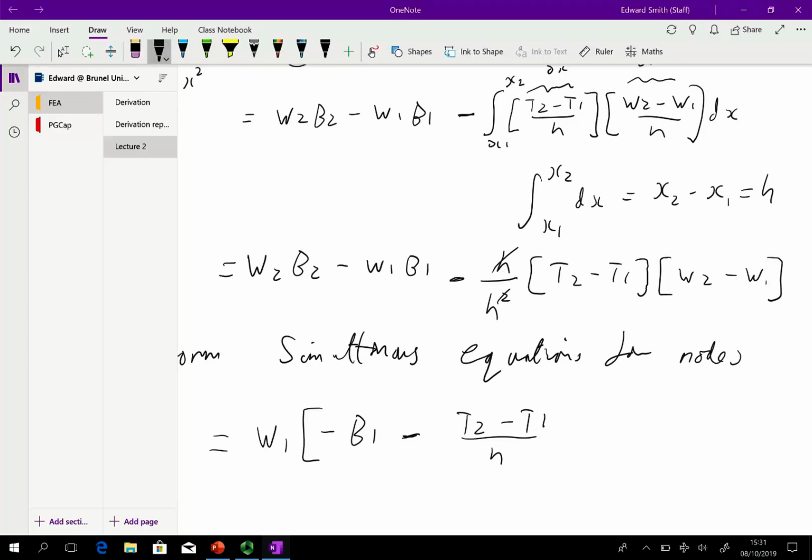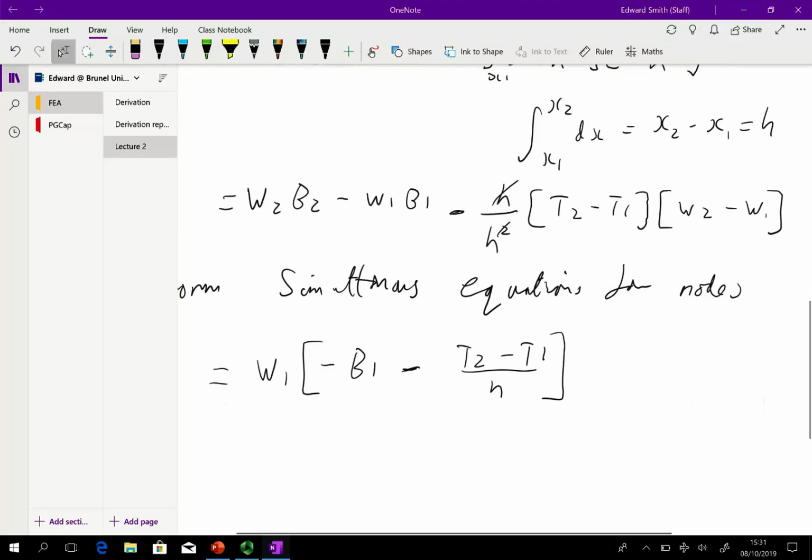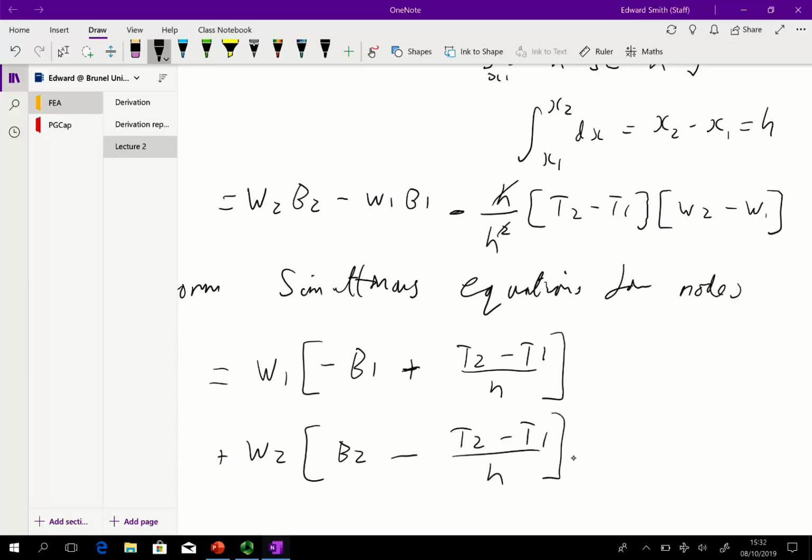So this is minus times a minus, which gives us this over H. Plus the expression for W2, which is W2 times B2, which is this here. And then this becomes T2 minus T1 over H is equal to 0.